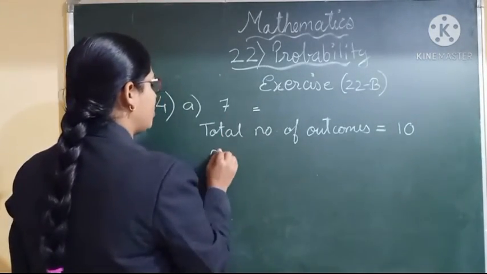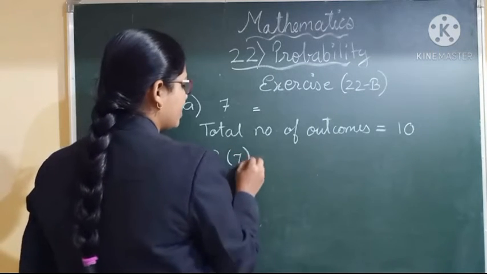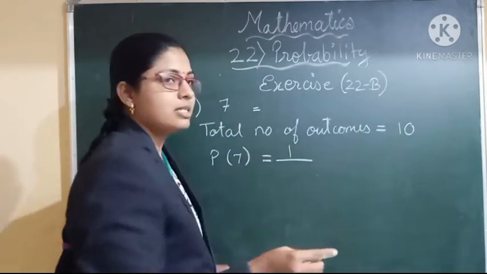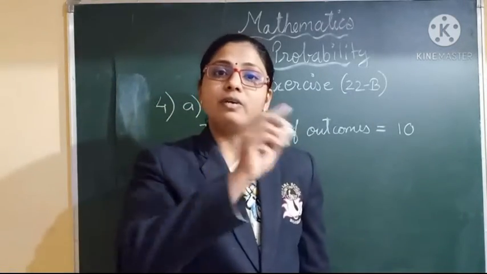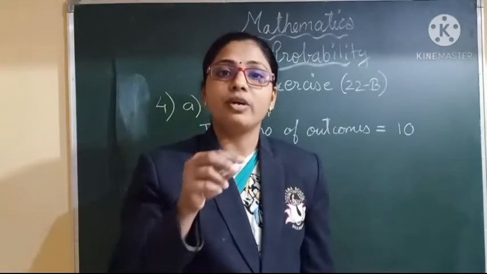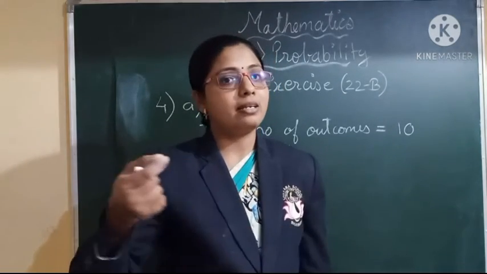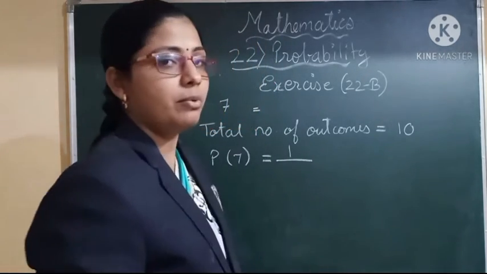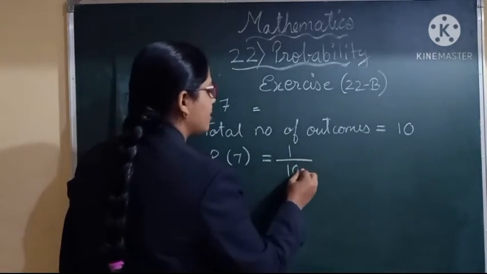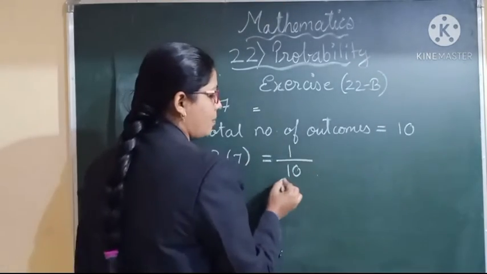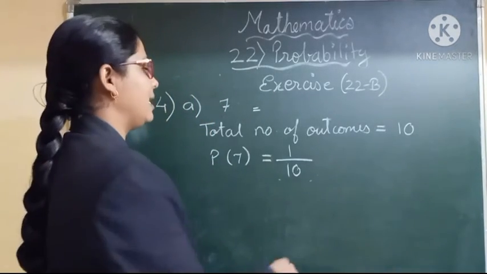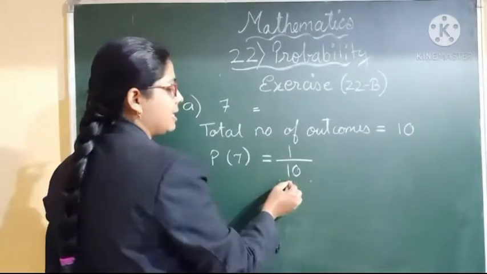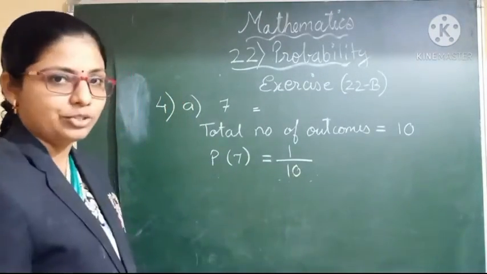So the probability of getting 7, what will it be? 1 time, because on each card 1 to 10 all numbers are written. So if I put my hand into the bag and remove a card, it can be 7 only one time, not many times. Okay. So what will be the probability of that? 1 upon, that means favorable outcomes upon total number of outcomes. That is, the probability of getting 7 is 1 upon 10. So this is the answer of question A.